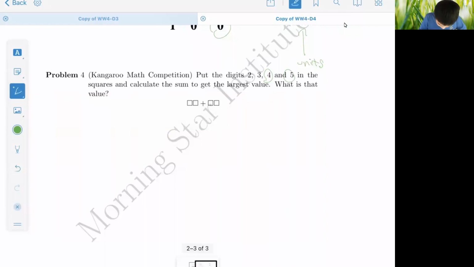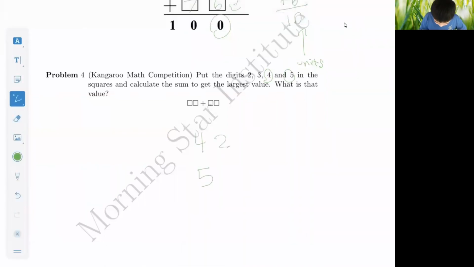So the tens digit. And this leaves 2 and 3 to be the units digit. So we add these two numbers together. 2 plus 3 equals 5. 4 plus 5 equals 9. So the largest value that we could obtain through adding these numbers together is 95.